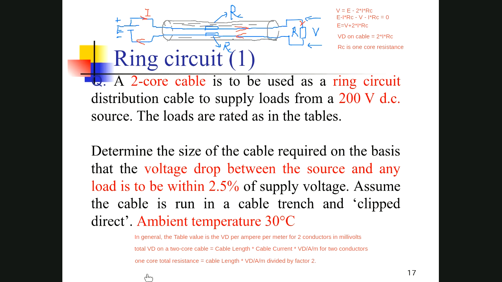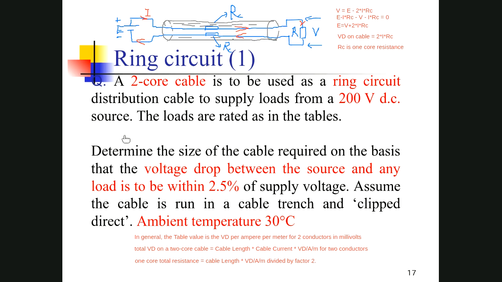Then we go back to these examples, looking at the question itself. Do you still have any questions on cable voltage drops? If you still have, you can write them down immediately.